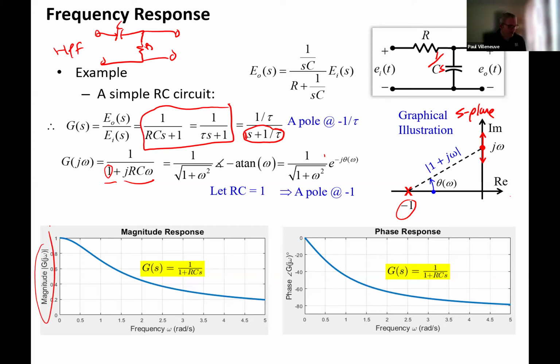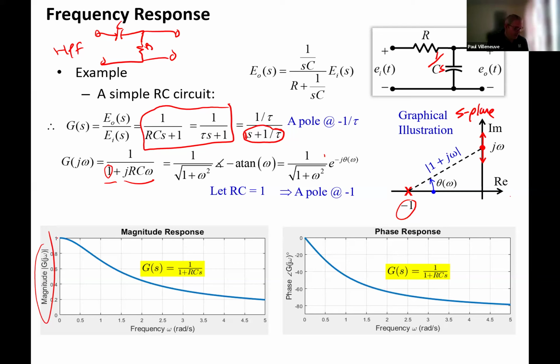Our transfer function tells us this is what our value is going to be, 1 over tau, S plus 1 over tau. So it's our voltage divider scheme, and we're getting all of the input. This is why the magnitude is equal to 1. All of the output is going to be equal to the input.